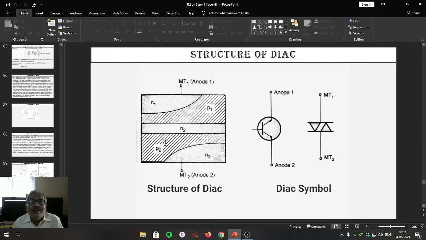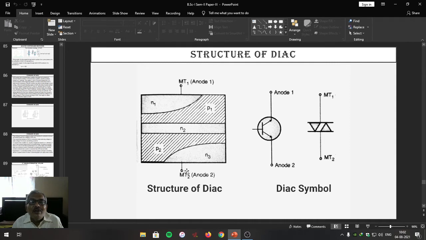Similarly, in the P2 region, again N type of semiconductor is diffused or doped, and it is named as N3. Ohmic contact is taken, which is common for P2 as well as N3. It is called as MT2.